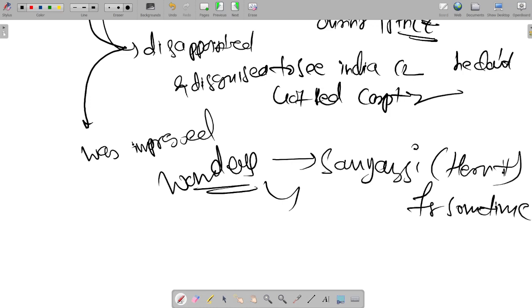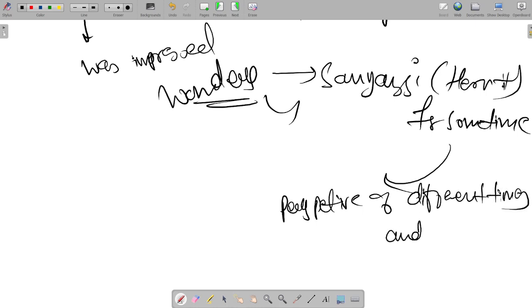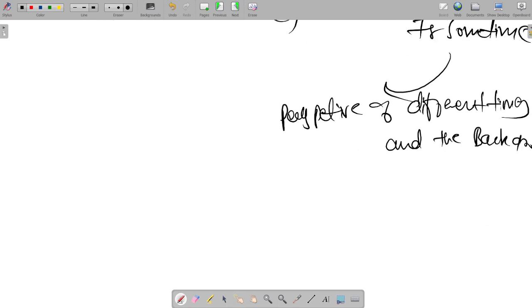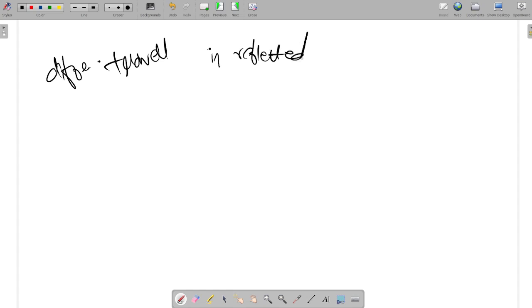These things show the perspective of different times and the background of different travelers is reflected in their writings.